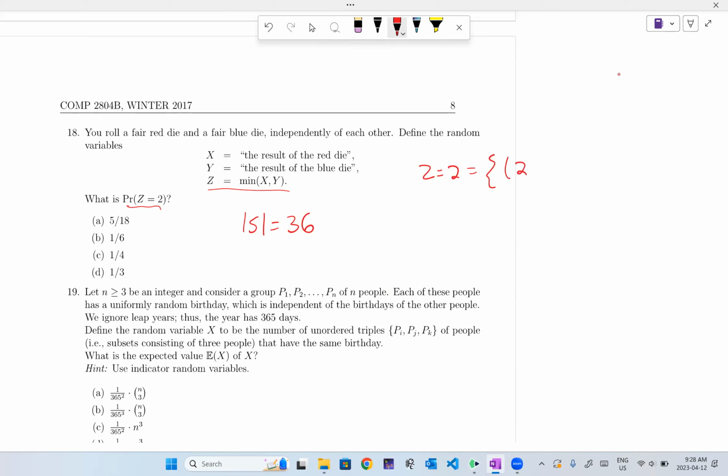Let's see all the ways that I can have my red die be 2. I can have 2, 2, and 2, 3. Let's say the Y is always going to be greater: 2, 4, 2, 5, or 2, 6. And then all of the ways that my blue die is 2.